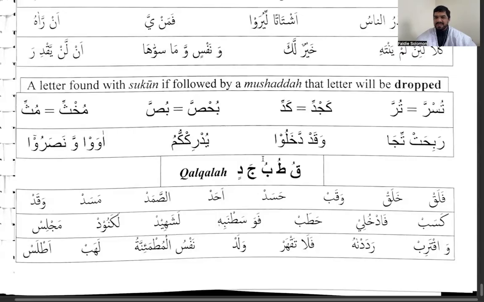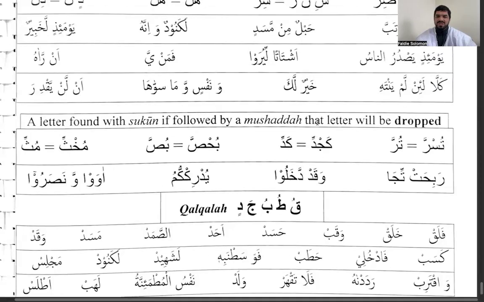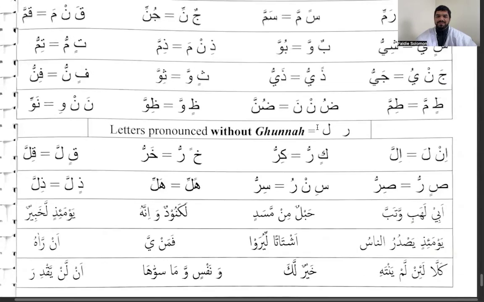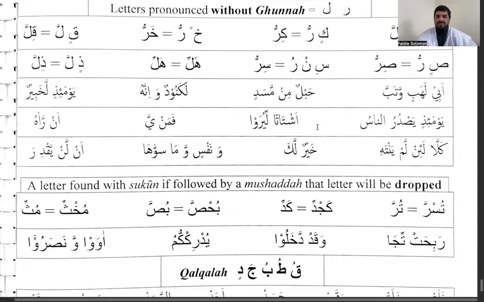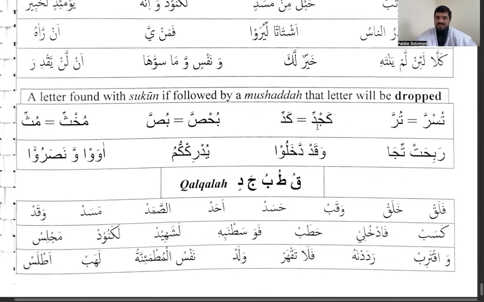Idgham was 6 letters. Yarmaluna are the letters of idgham. Ya, Mim, Noon, Waw are the 4 that are read with ghunna, and Ra and Lam are the 2 that are read without ghunna. Okay, idgham bi ghunna and idgham bi ghayri ghunna. So that's just a quick recap of our 2 previous sessions. Please go back and check those lessons, practice them as much as possible.